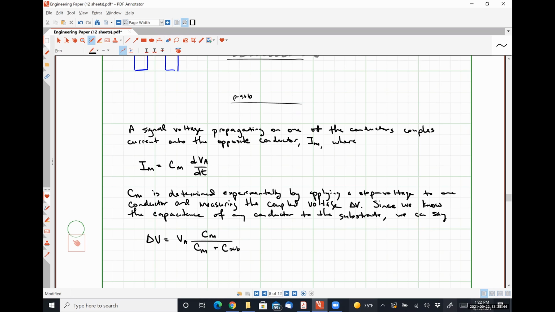So effectively, this is just our way of relating current, voltage, and charge in this weird system where we know that there's going to be that known capacitance to the substrate, and it allows us to back calculate what the other contribution has to be, right?